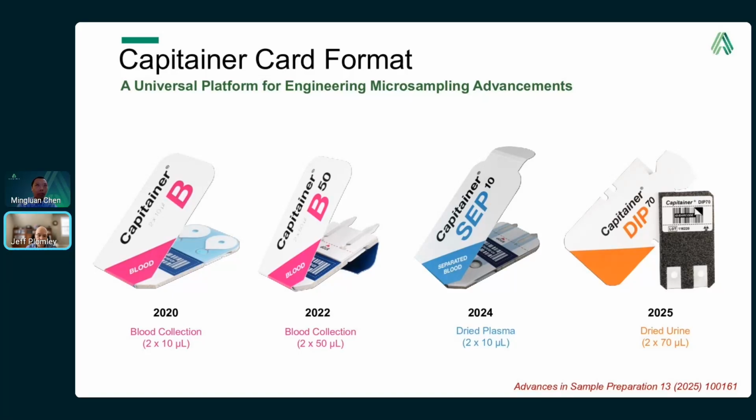And within that card, there is a treatment with a phospholipase D inhibitor. So Capitainer has deep expertise in developing these strategies to integrate analyte protectants in their product. And this will come into play shortly when we talk about the anti-tuberculosis drug panel as a case study.